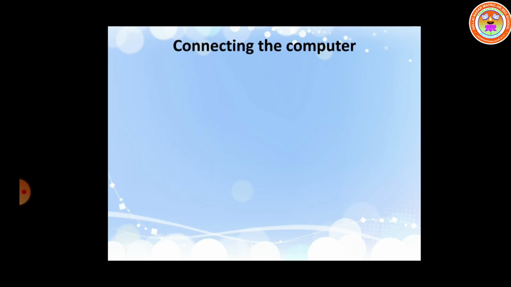Next is connecting the computers. You must have seen tube light and fan working by connection through electric wires, isn't it? Likewise, various parts of the computer are linked through certain connecting cables. We call it a system as it is connected with one another.